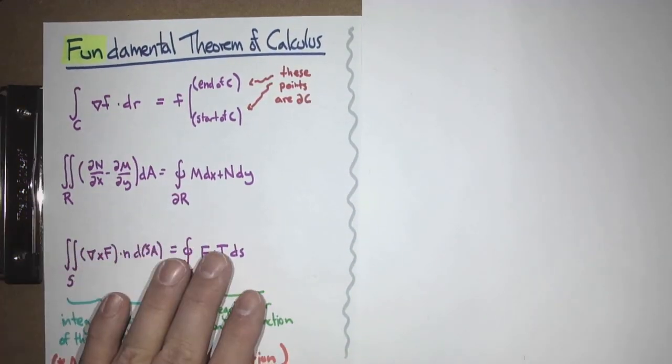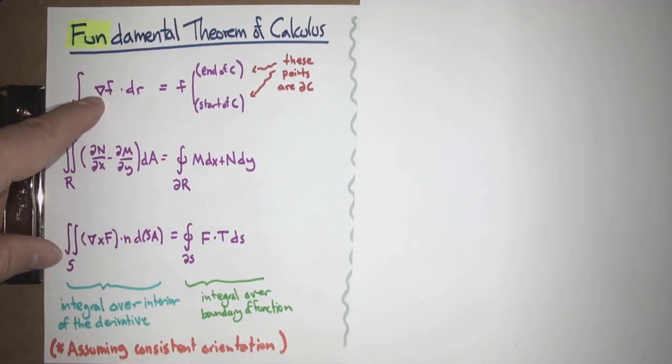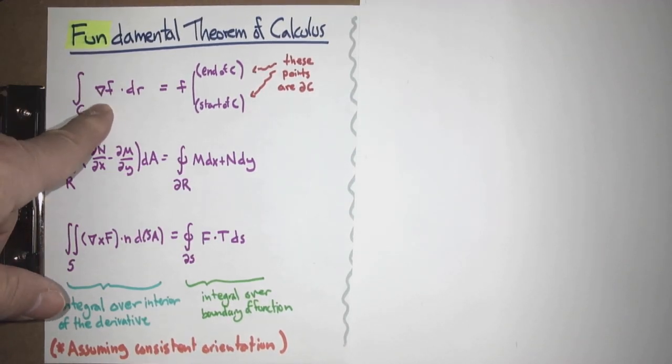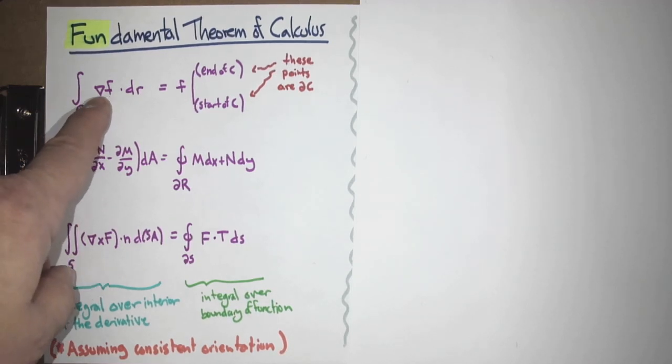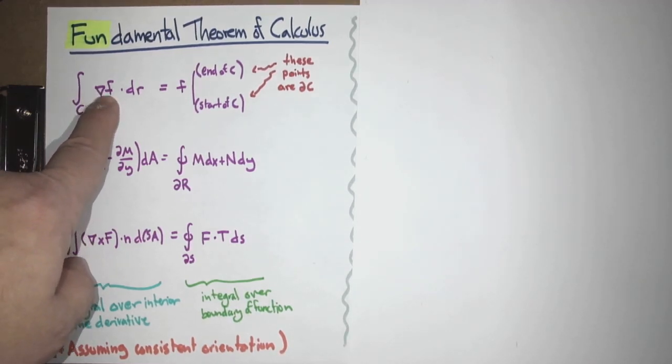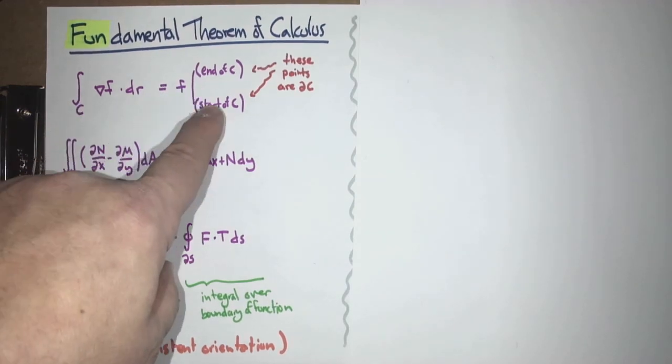So basically, where we're at is we're doing variations of the fundamental theorem of calculus. So we started with line integrals, and we said if you were integrating along a curve a gradient of f, so this is our del operator, and essentially you should think of the del operator as variations of derivatives. So if I'm integrating a derivative along the curve, I can just evaluate the function at the endpoints.